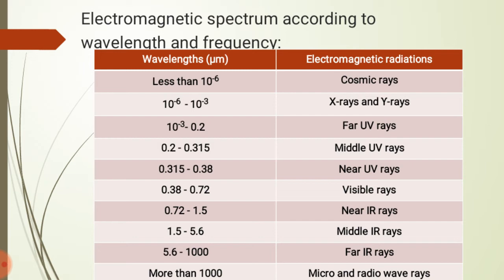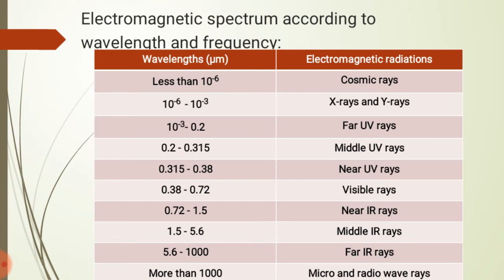Now the next electromagnetic radiation is the visible rays. The wavelength of the visible rays lies between 0.38 to 0.72 micrometer, and this is a very small part which is visible to us. The next radiation is the near IR radiation. That is the start of the IR radiation, and it has a wavelength of 0.72 to 1.5 micrometer.